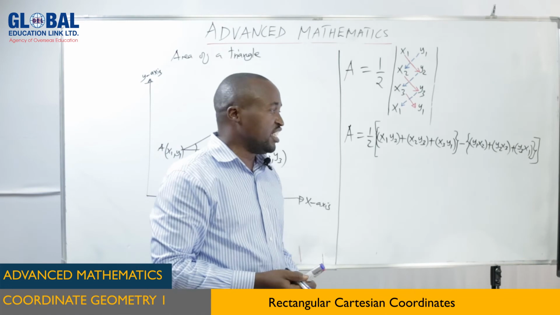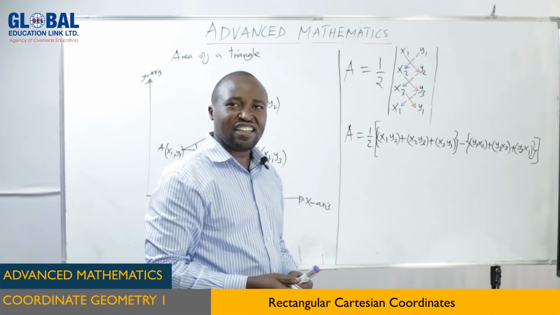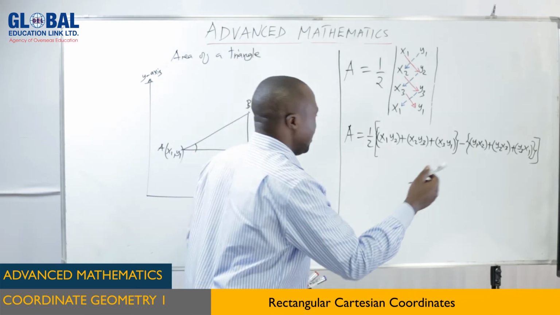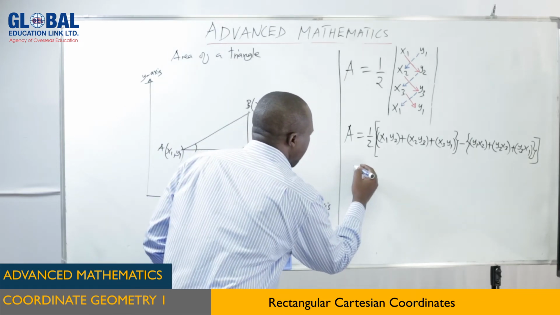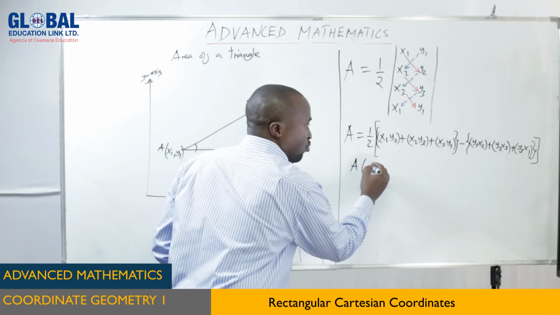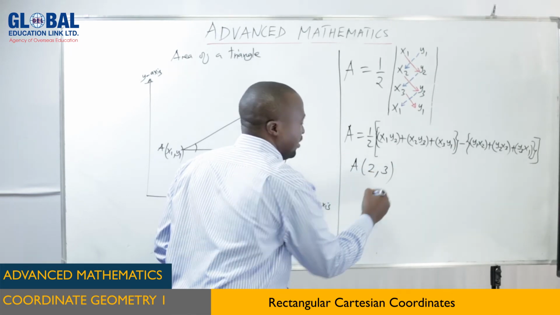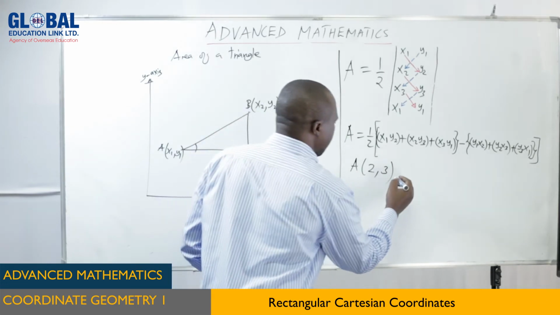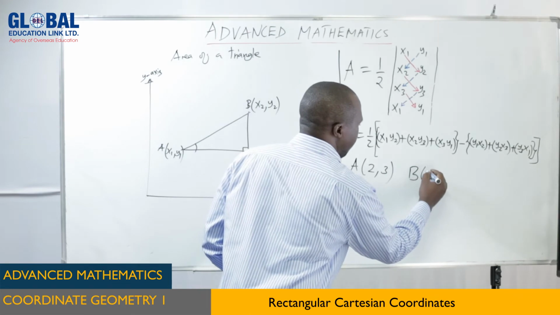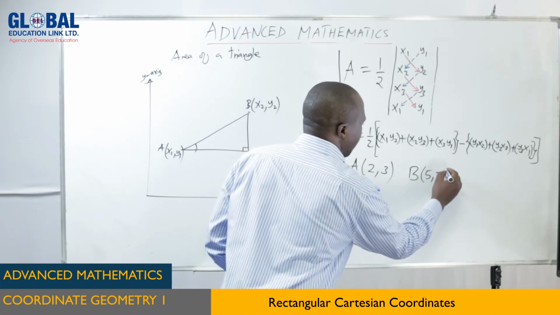So, back to our question, we'll follow the same procedure. The coordinate A is 2, 3. The second coordinate, B, we have 5, 7.